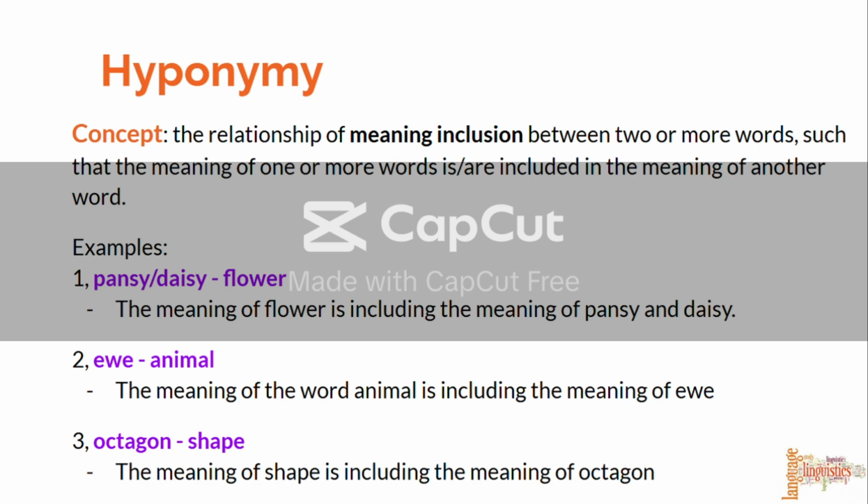So let's look at the third one, octagon and shape. So the meaning of octagon is included in the meaning of the word shape. They have a meaning inclusion relationship, and they are in the relationship of hyponymy.